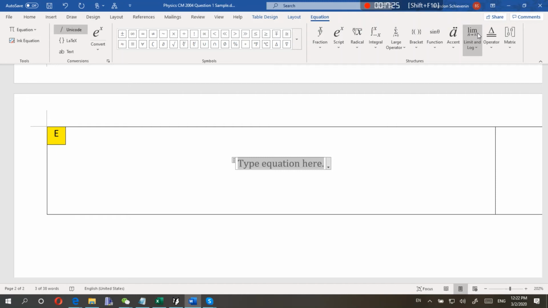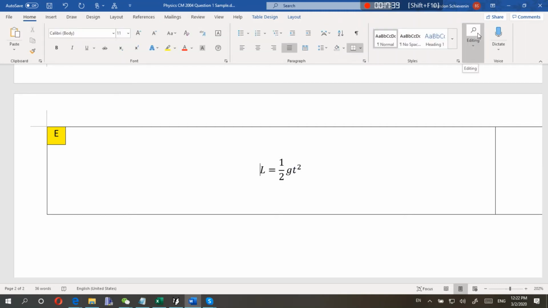So how far you've fallen so far is equal to 1/2 GT squared. And then how far we've fallen at the time we want when we hit the ground is going to be equal to L. Okay, I'm going to subscript this first because the calculus in me is going crazy. So this is our distance that we've fallen so far.